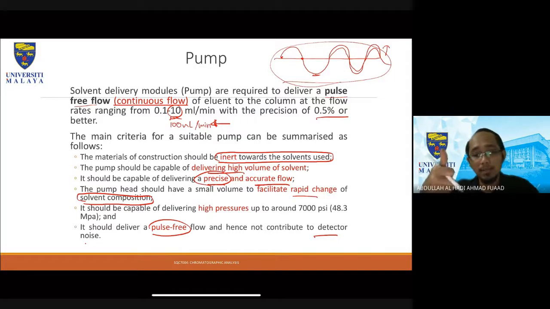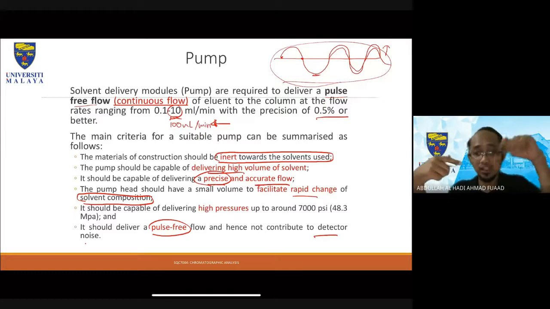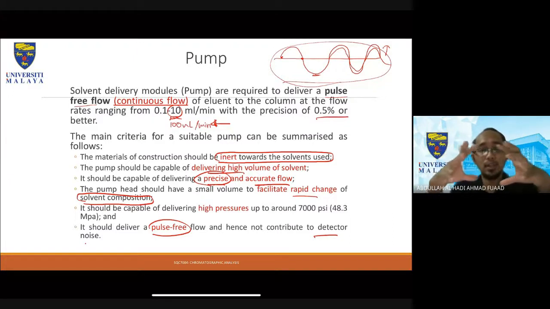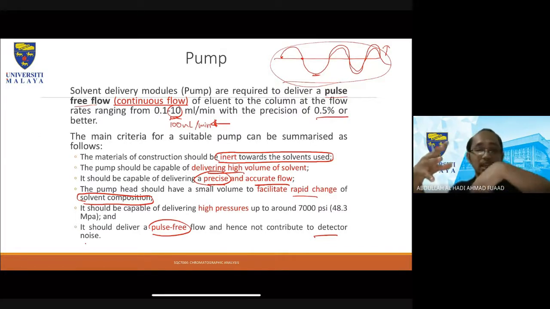Either your baseline is increasing or decreasing, or if there are any bubbles present without high pressure, the bubbles might stay inside the detector, causing an error in your reading. But if your pump is well taken care of and works how it is intended to, then even if there are bubbles, they can easily go out of the system.